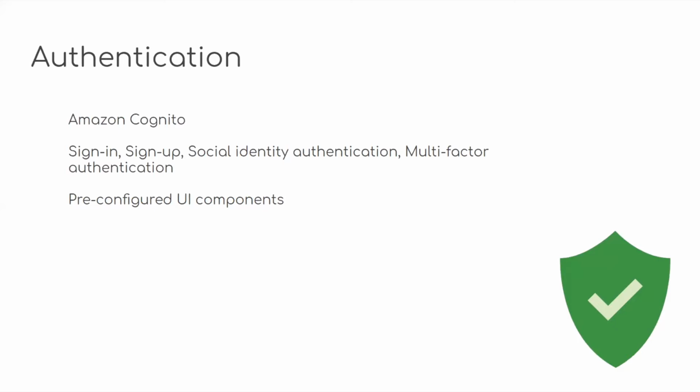If you have ever worked with services like Google Authenticator, you can implement all these complex, sophisticated scenarios for your application easily, using only a couple of lines of code with the Amplify Auth feature.